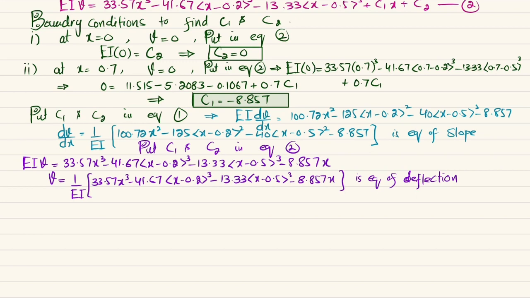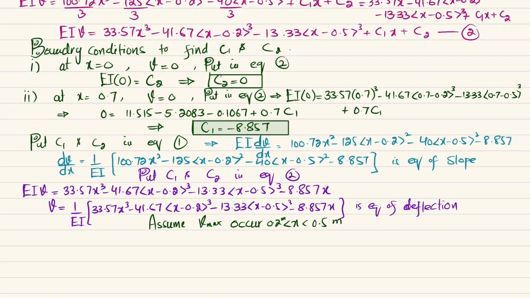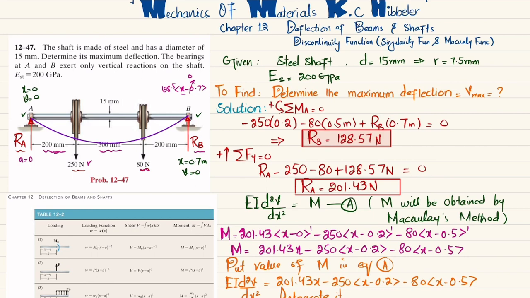So what we will find is that, let me write it, we'll choose another color. So assume Vmax occurs in the region where x is greater than 0.2 meter and less than 0.5 meter. Here you can see the place where the maximum deflection occurs.